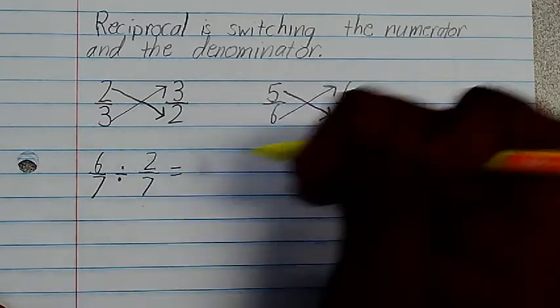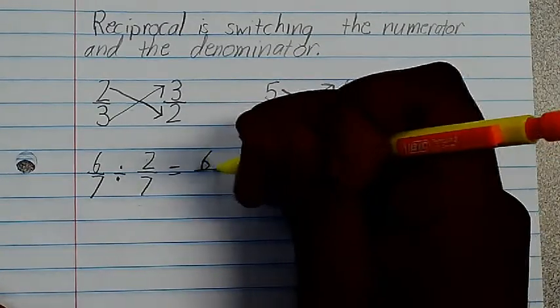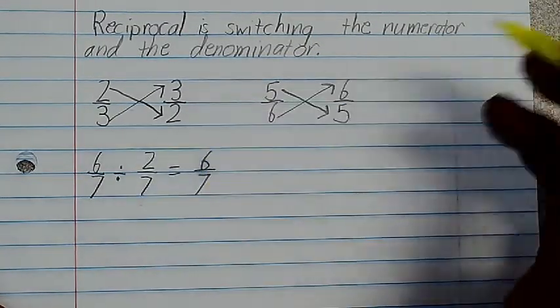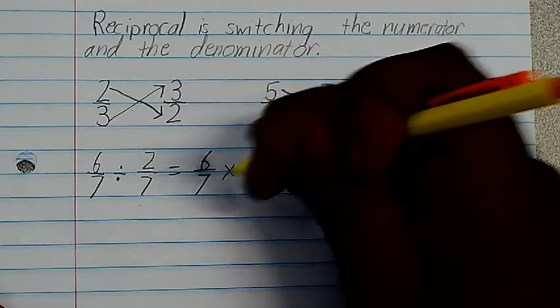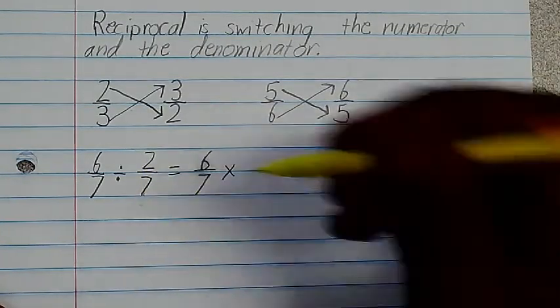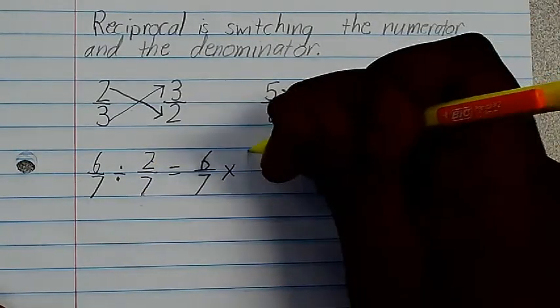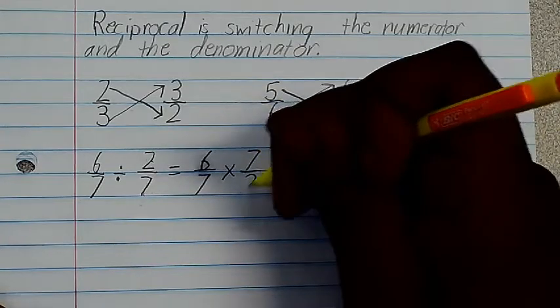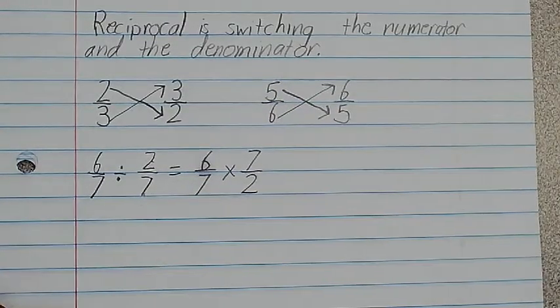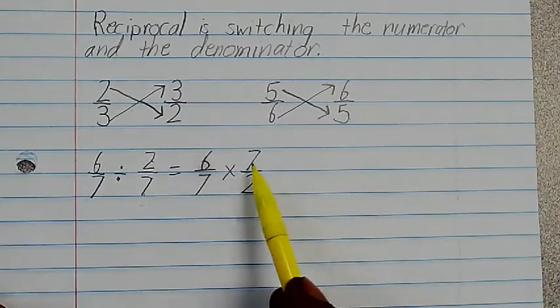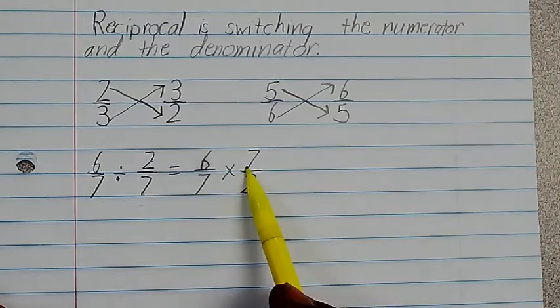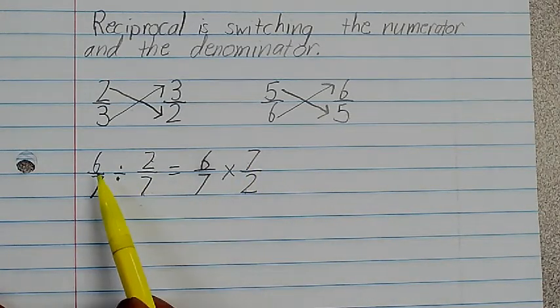So of course, we rewrite the first, we keep that the same, then we multiply by its reciprocal. So instead of 2/7, we'll have 7/2. Okay? So multiplying the reciprocal of the second fraction here is the same as dividing.